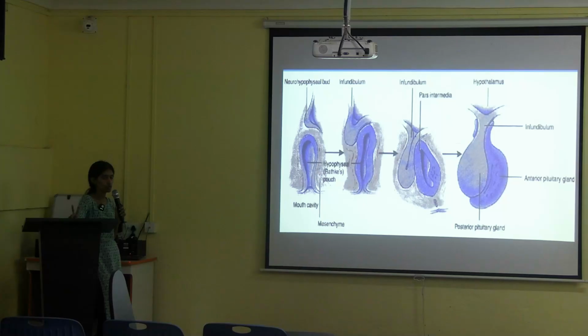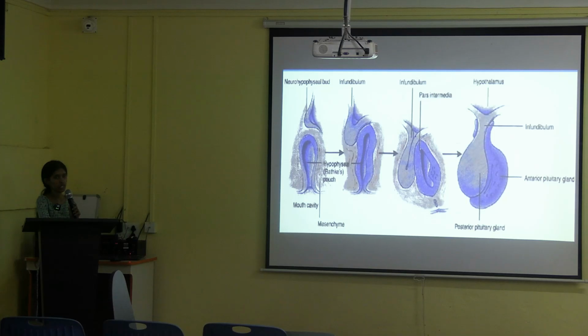Later, these two pouches fuse together to form the anterior and posterior lobes of the pituitary gland. And Rathke's pouch will separately have 3 different parts: anterior wall, median cleft and posterior wall. You should remember these points. This is all about the development of the pituitary gland.